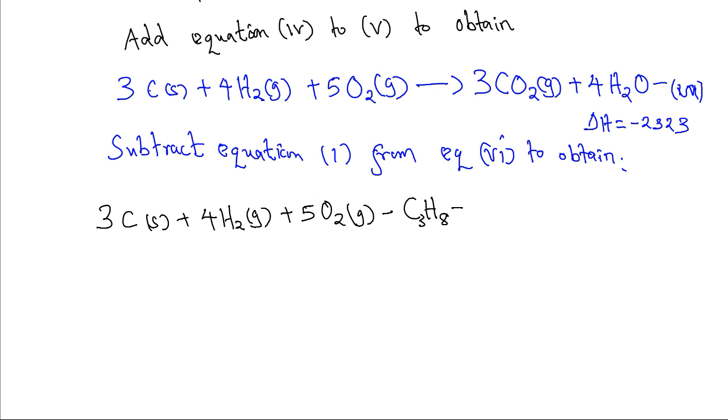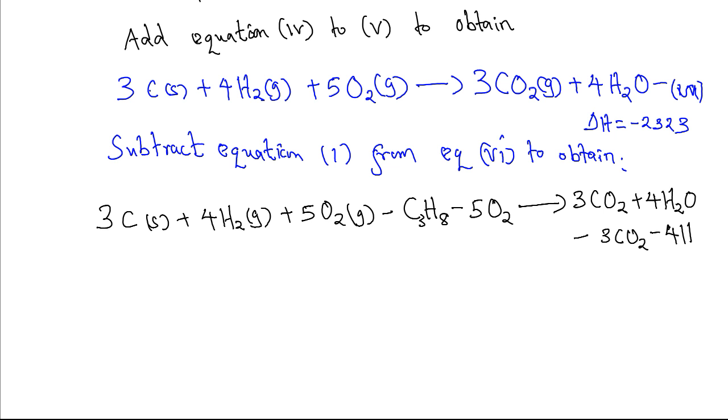minus 5 oxygen. Reactant side well subtracted. Product will have 3 carbon dioxide plus 4 water minus 3 of carbon dioxide minus 4 of water.